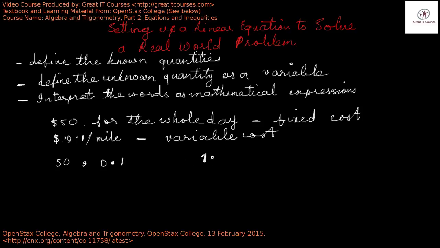So the variable cost is going to be 1 into $0.1, and this is going to be dollars. If I drive the car for 2 miles, it's going to be 2 into $0.1. If I drive the car for 3 miles, it's going to be 3 into $0.1, and so on and so forth.